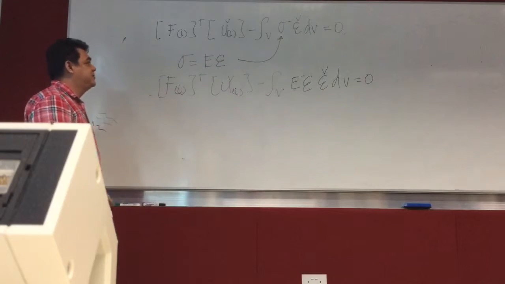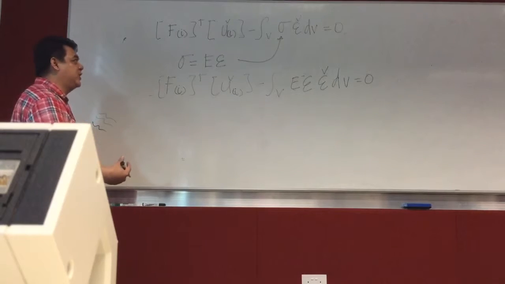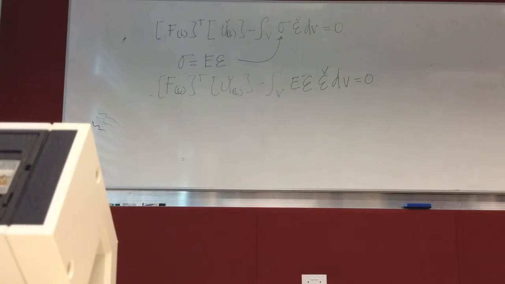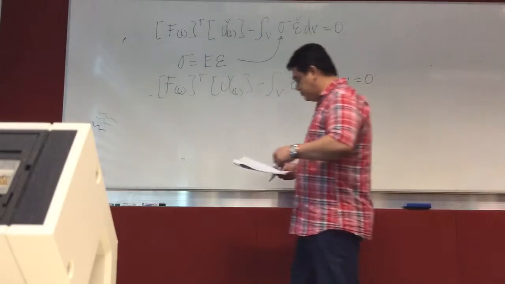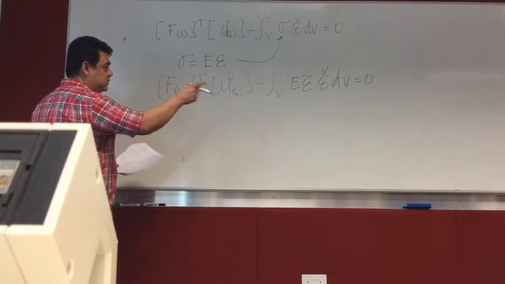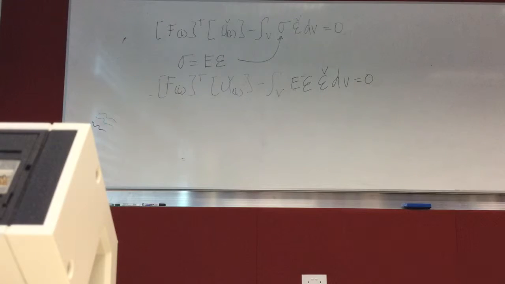Okay? Modulus. So what's next? We can now put in this one here. We have this one is virtual, that is E, that is E. Okay? Can you check me whether this one is a transpose?